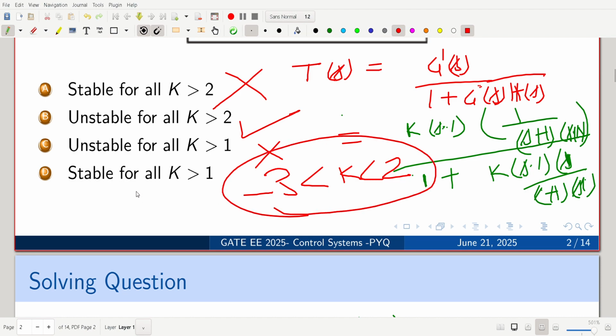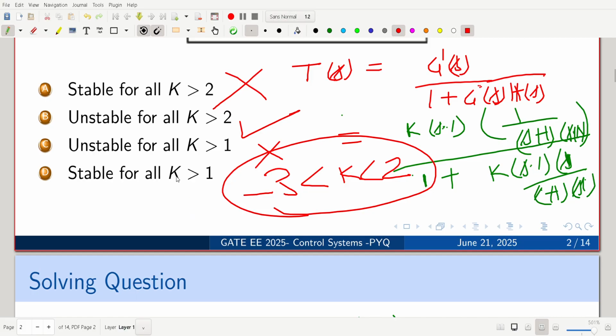Unstable for all k greater than 1. But can we say all k greater than 1? Here it is minus 3 to 2.